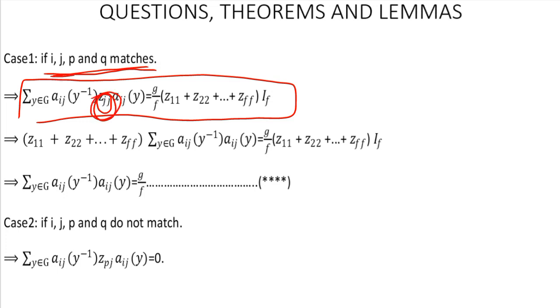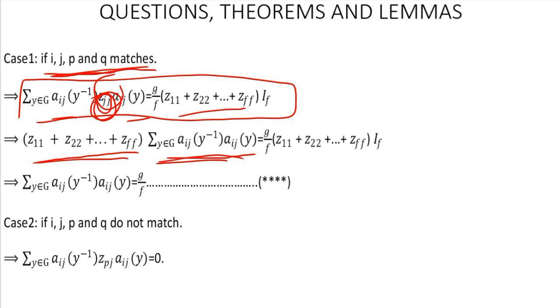The I, J, and P, Q, they're all matching, meaning they're the same all through. So it means I can get the sum right here. Do you agree? For our Z, J, J, right? So that's how we got this out of the equation, and the sum of the A's all together right here. We're not going to simplify more than that. We're just going to leave it as it is there.